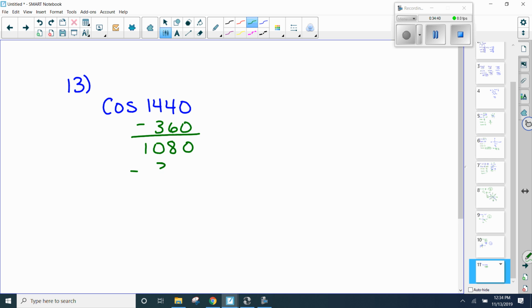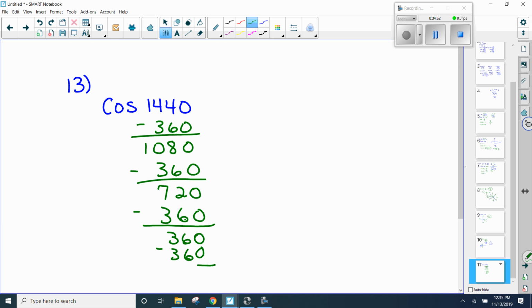Subtract another 360. And then you subtract another 360. And that's 360. And if you subtract 360, you get 0. So that means that your location is right there. Cosine is x. So that coordinate point is 1, 0. Cosine is your first value, and what is it going to be? 1.